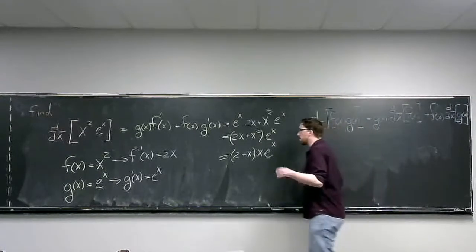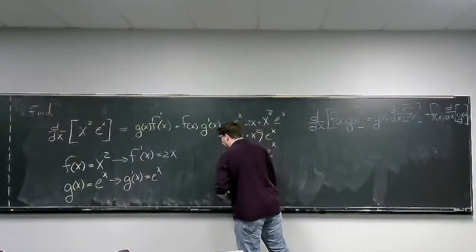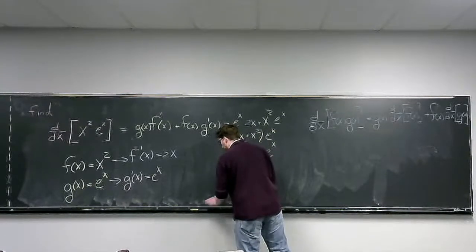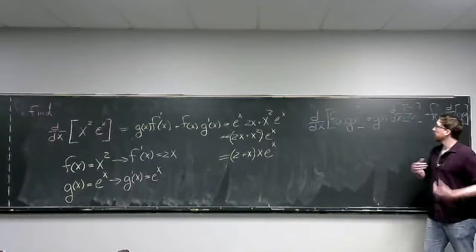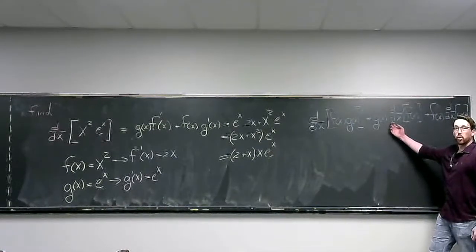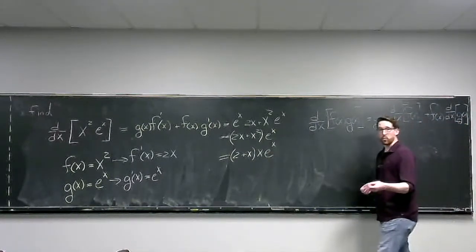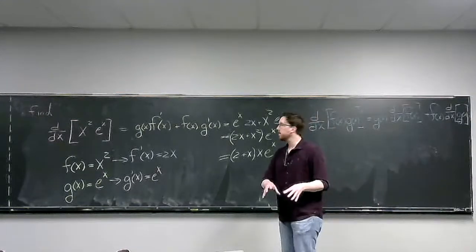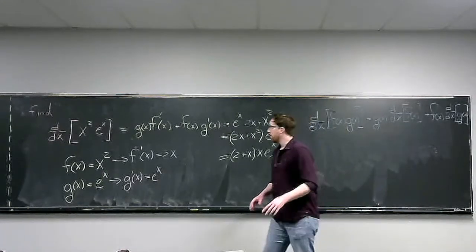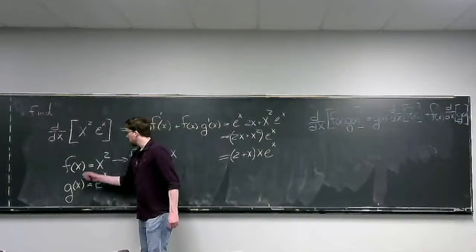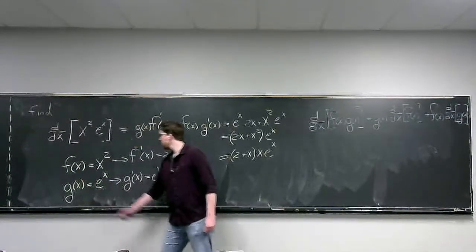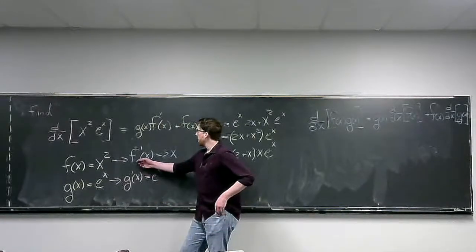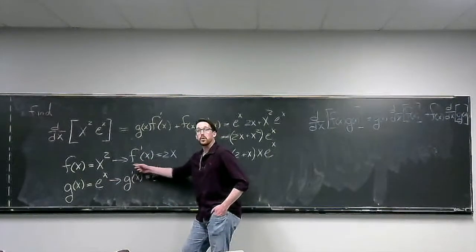So just as a general tip, when it comes to the product rule and the quotient rule, I personally find it easier to start by rewriting the derivative formula or the derivative rule in particular that I know I need. Then identifying what each of the individual functions are. And then going one step further and saying, well, what are their derivatives?